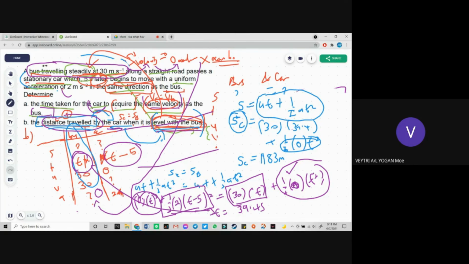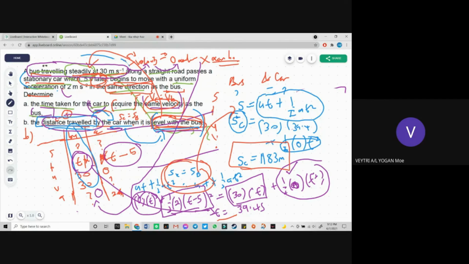So, your distance atau displacement of the car is equals to displacement of the bus. That is very clear. So, if you guys realize, awal lagi kita dah buat yang ini kan? So, ini untuk apa? Cari time. Lepas tu, same concept apply here untuk cari apa? Distance traveled by the car.